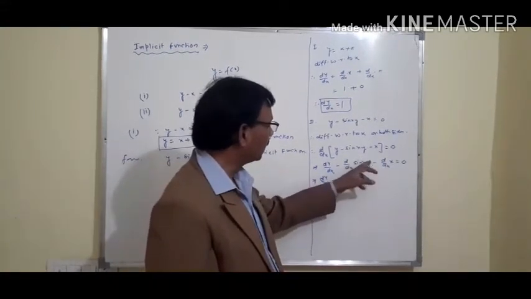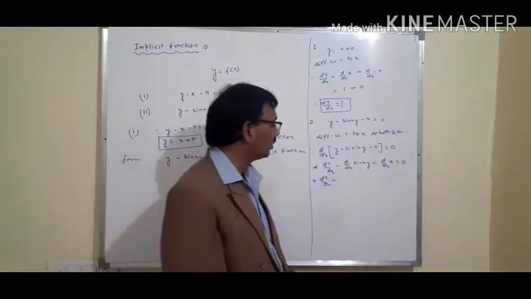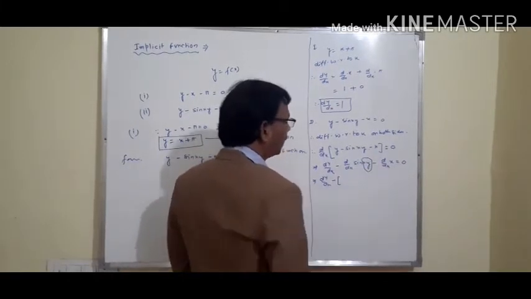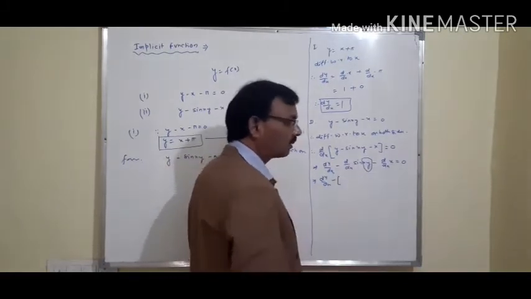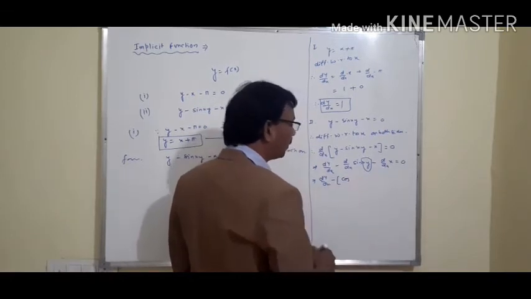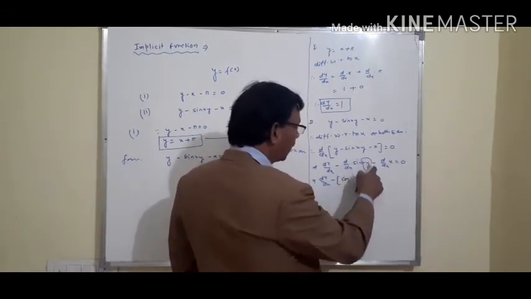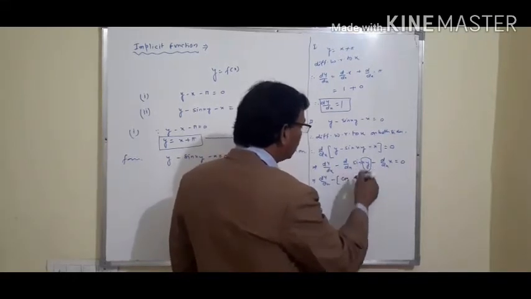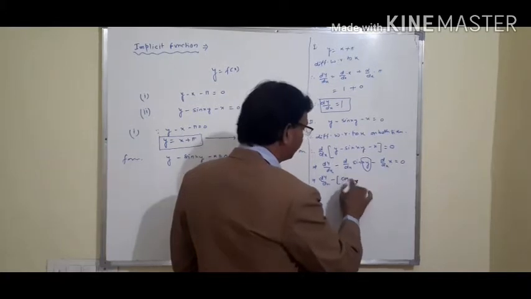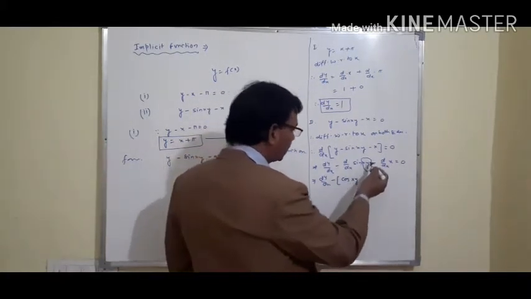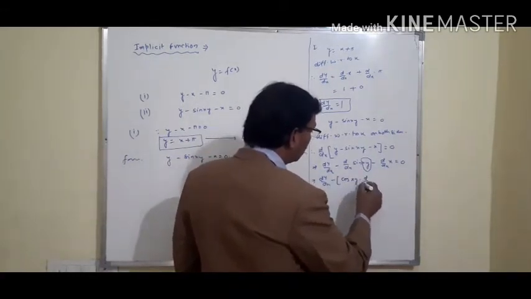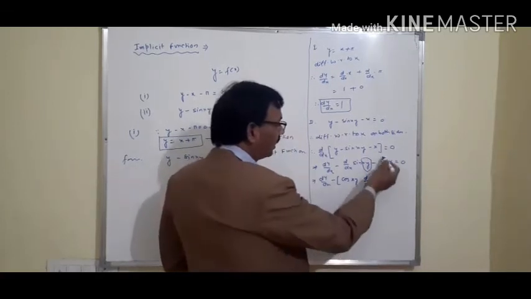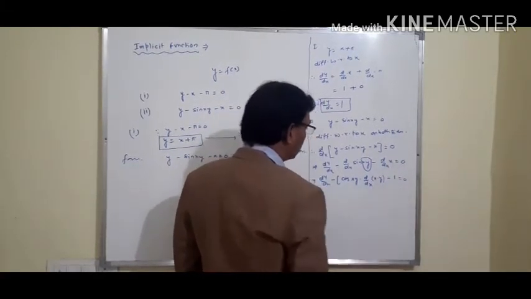So for finding the derivative of sine of xy by the chain rule, first suppose xy as x, that means d by dx of sine x is cos x, but here in the place of x it is given xy, so we write d by dx of sine xy, that means cos of xy, into, again we differentiate xy with respect to x, means d by dx of x into y, minus d by dx of x means 1, equal to 0.